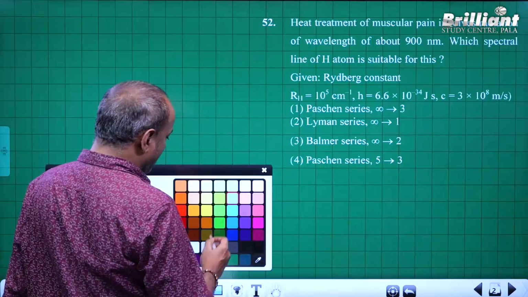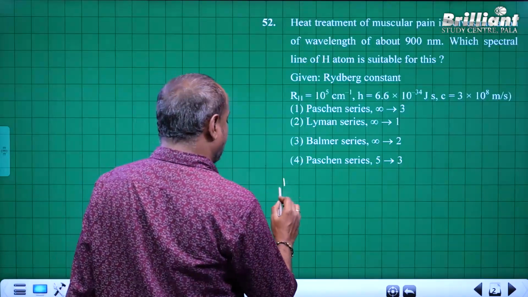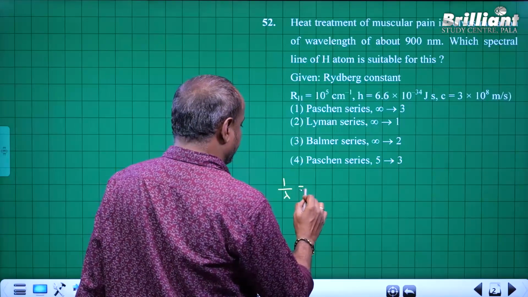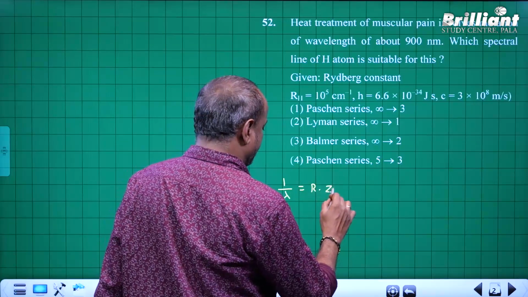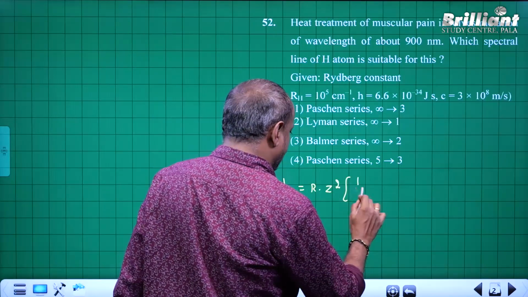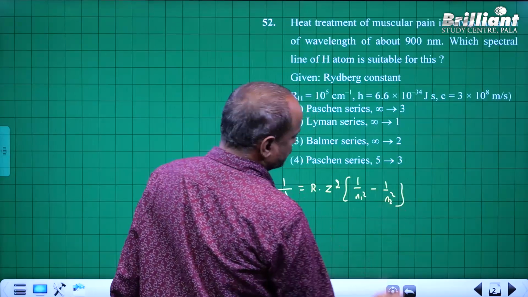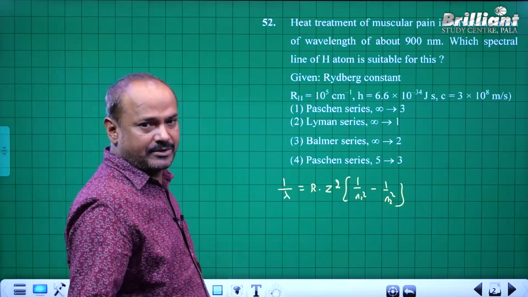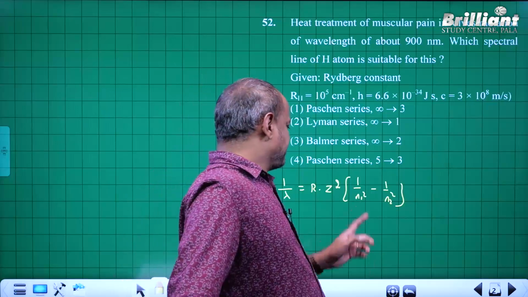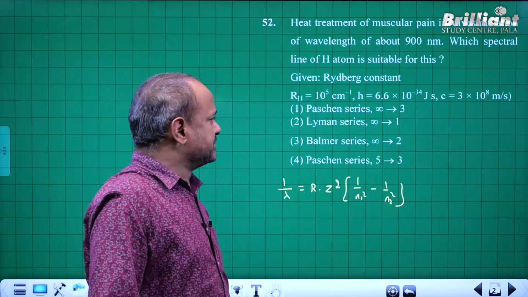We know the wavelength formula directly: 1 by lambda is equal to R Z square into 1 by n1 square minus 1 by n2 square.